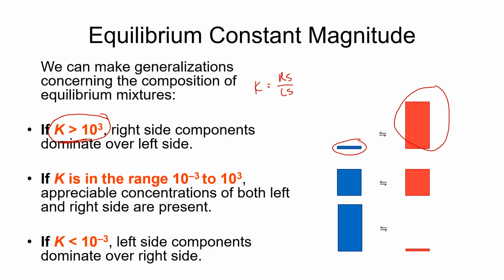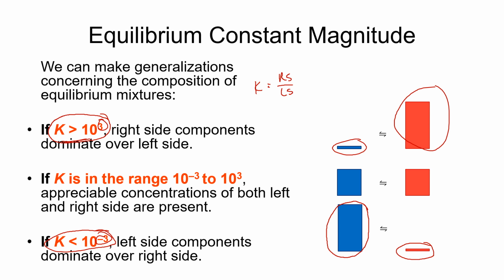And then the inverse of that, of course, is when you have a very small K. We're going to use 10 to the 3 or 10 to the negative 3 as sort of a cutoff. But usually there are lots of equilibrium constants that are much higher or lower than that, where you'll be able to tell right away that there's going to be a lot on one side and almost nothing on the other side, very, very small concentrations.